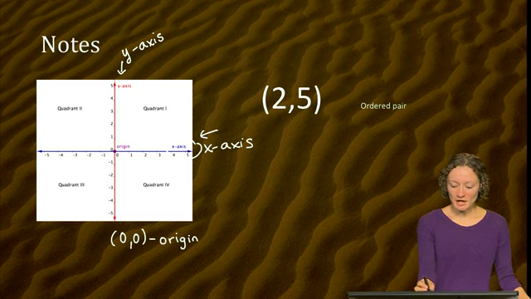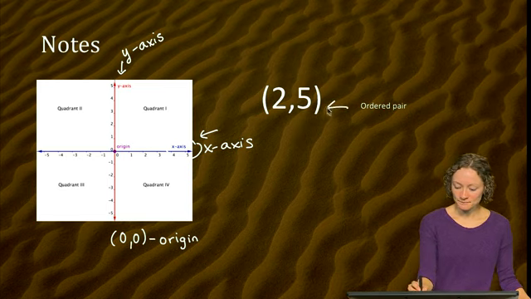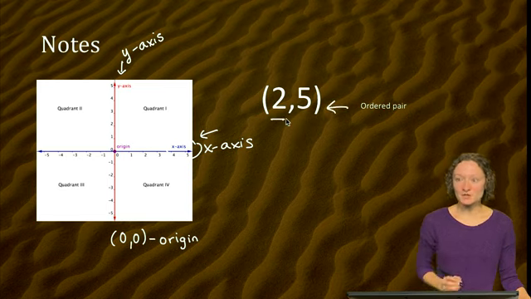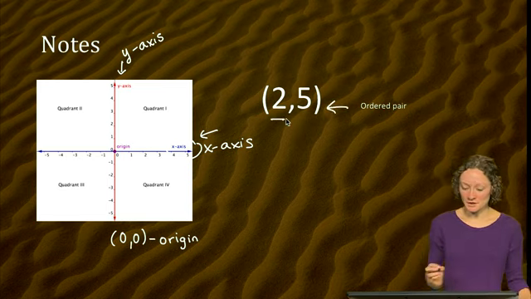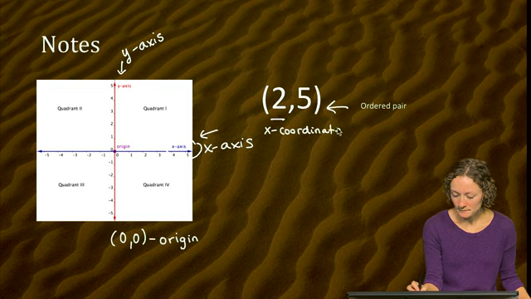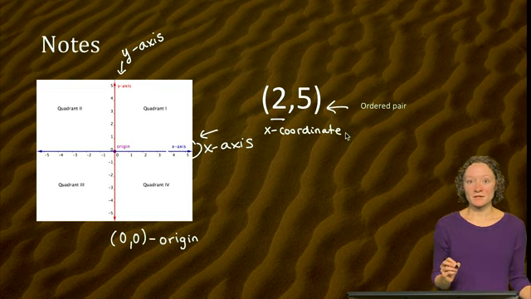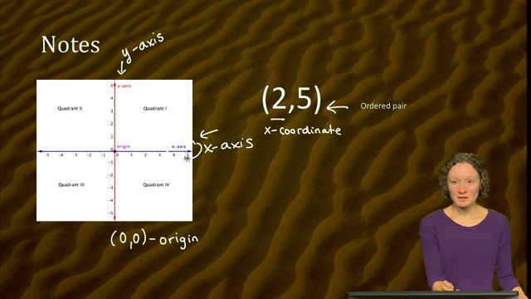Okay, so plotting an ordered pair. This is an example of an ordered pair, 2, 5. The first number is your x-coordinate, and the x-coordinate tells you it's a movement along the x-axis.